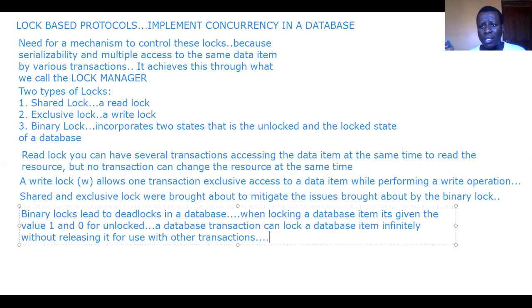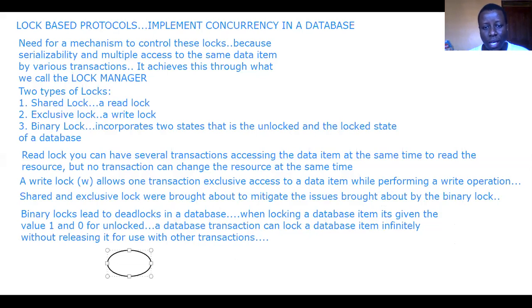What do I mean by that? Whereby we have cyclic redundancy. Have you seen cyclic redundancy? It means that you have a database here. You have a transaction, then you have another transaction.